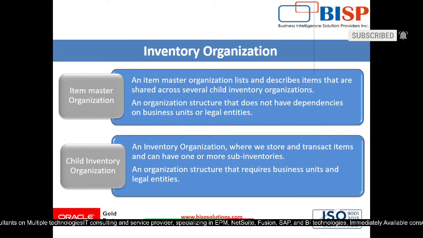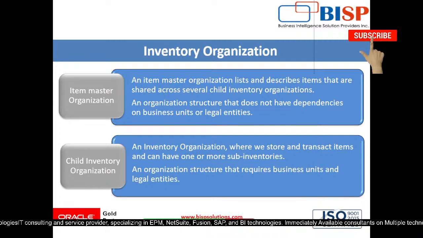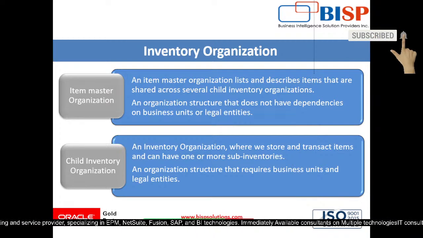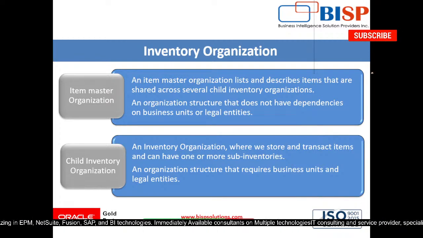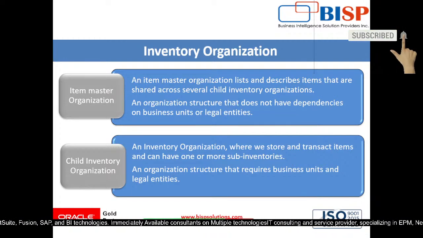The structure of the item master organization does not have a dependency on the business unit or the legal entity. This is the best feature of Oracle, right? Your item master organization does not depend on any legal entity or business unit. You can fetch the information from the item master to different business units, right?